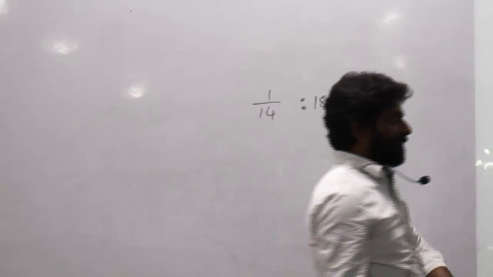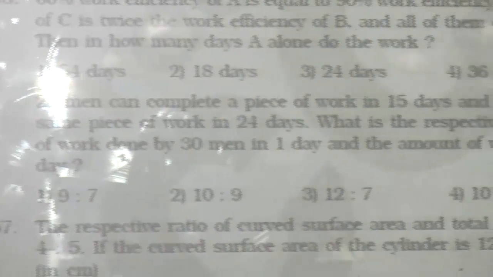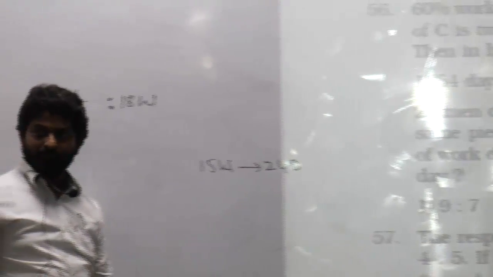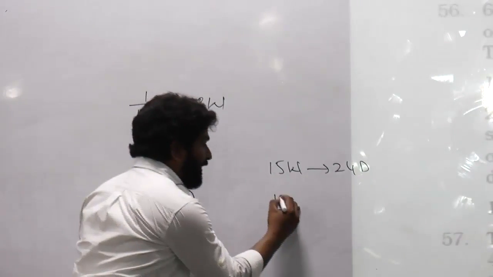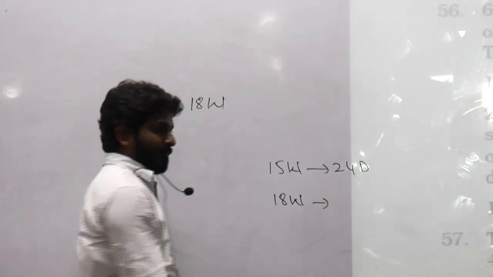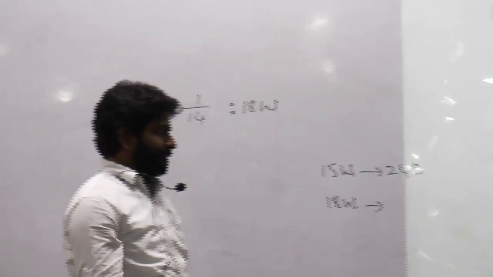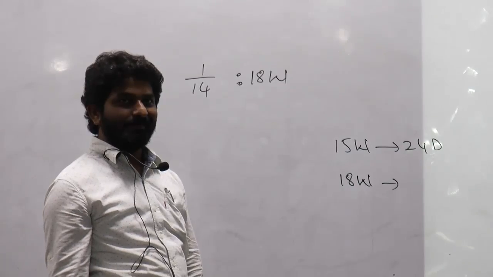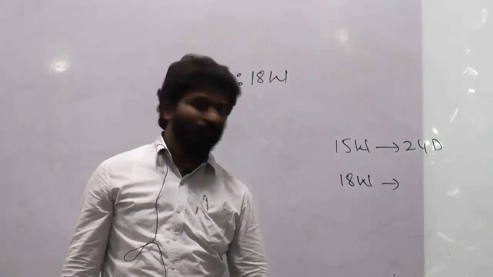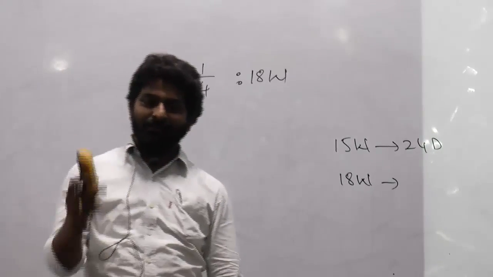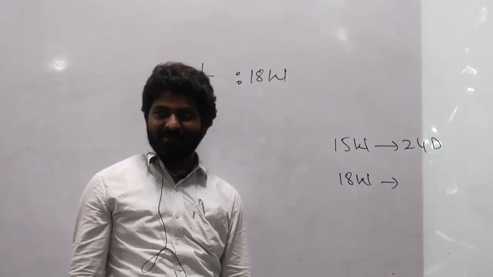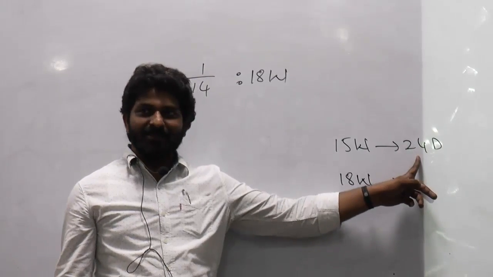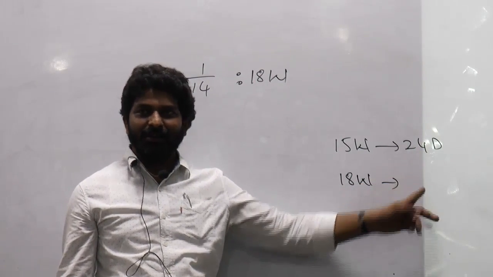I want 18 here. Now, 15 women can do it in 24 days. But I want 18 women here. Right? Sure. 1/5 increase, so 1/6 decrease. 1/6 of this is 4 decrease, so 20.